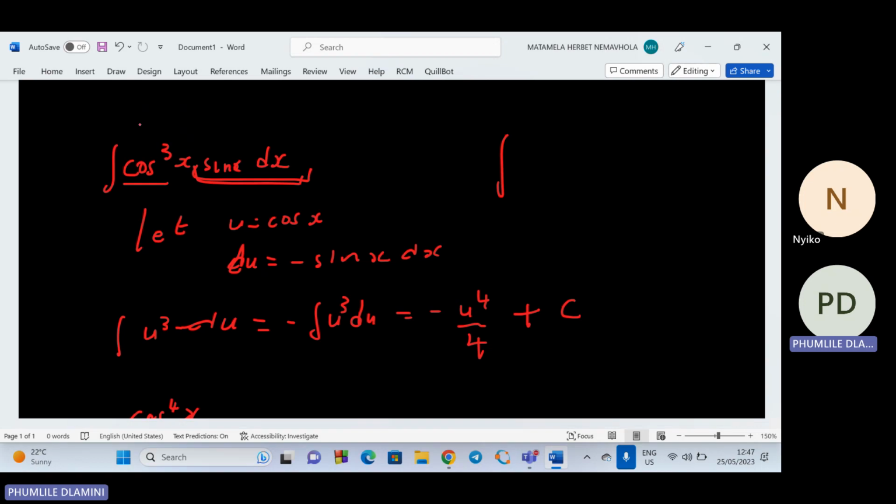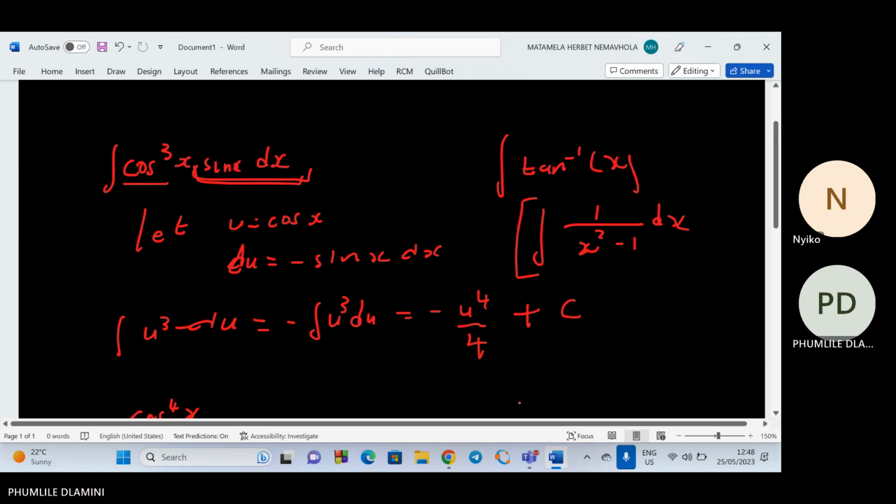Tomorrow is going to be integral by trigonometry, whereby we're going to be doing the one for arc tan x, even the one in the form of, let's say, 1 over x squared minus 1, whereby we have to use trigonometry. We have covered this kind of integral, but we're going to repeat them tomorrow for the trigonometry one. So today we did this one by integral by parts.